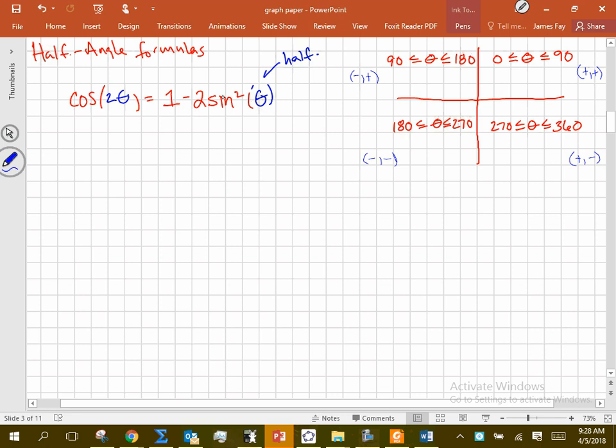So all we got to do in this one is solve for sine of theta. So you guys know that we can subtract 1. Divide both sides by -2.